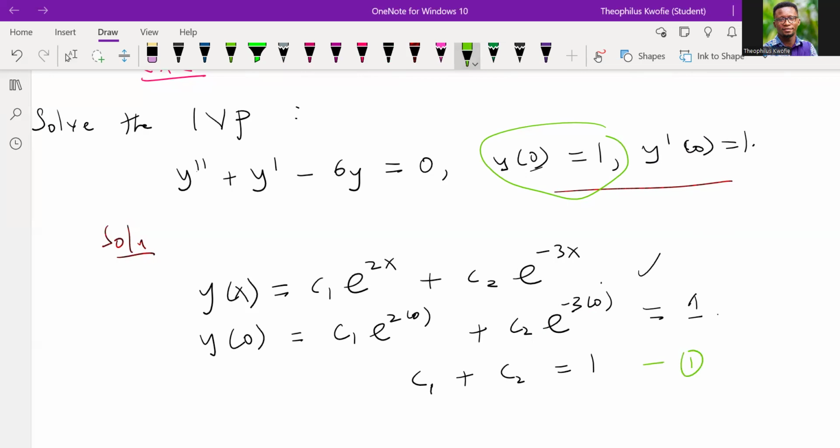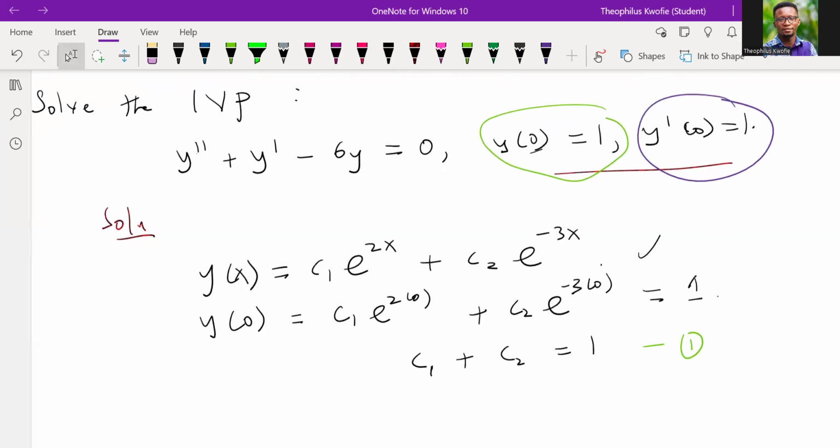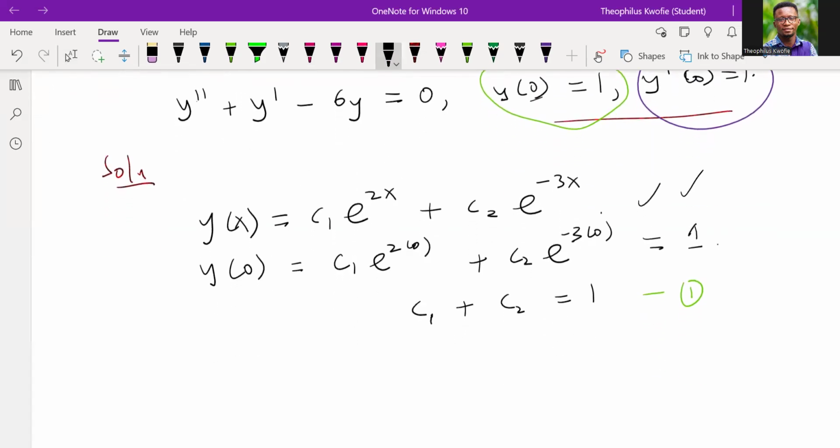So let's call this equation 1. And then let's look at the second condition. The second condition requires that y prime of 0 equal to 1. Which means that we have to differentiate the solution that we had to be able to apply that condition.